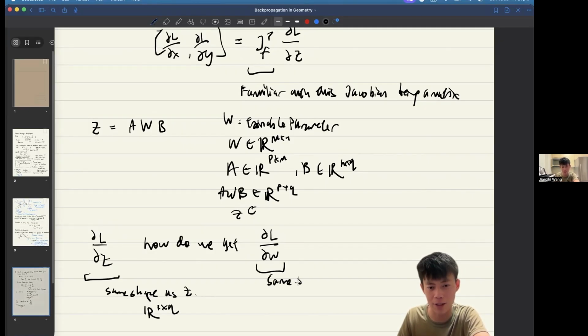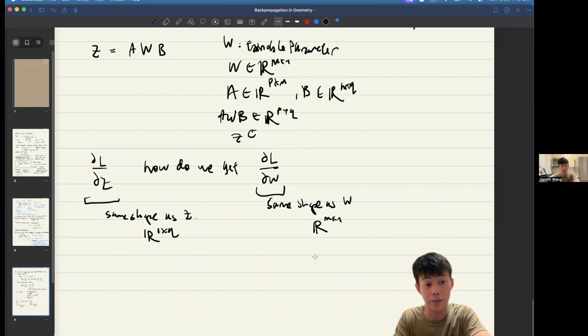We should expect the result to have the same shape as W, which is R^(m by n), right? So you can't really have a matrix that converts between these two. Your Jacobian somehow becomes a map from a multidimensional tensor to a multidimensional tensor. I think this confused me a lot back when I was learning machine learning.